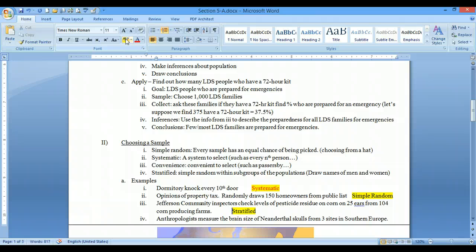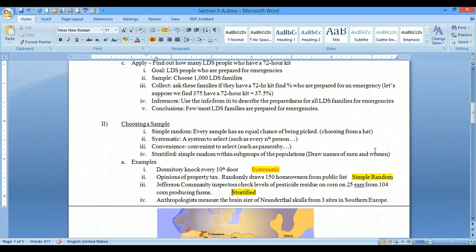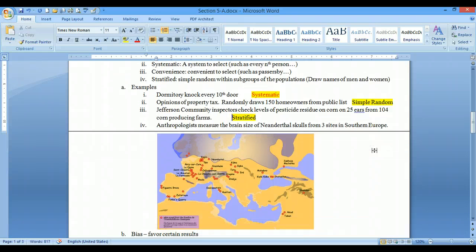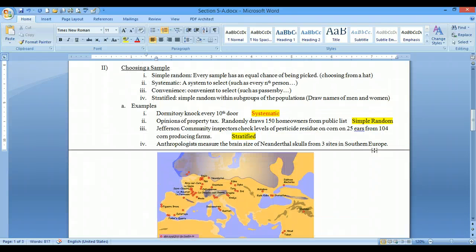Number 4, anthropologists measured the brain size of Neanderthal skulls from 3 sites in southern Europe. For some of you who may not know where Neanderthal skeletons have been found, here's a quick map. So if I want to find the brain size of Neanderthal skulls in southern Europe, they seem to be kind of spread out. So this one is convenience.